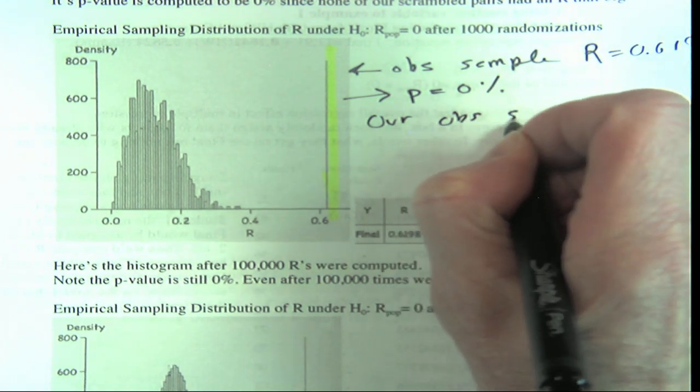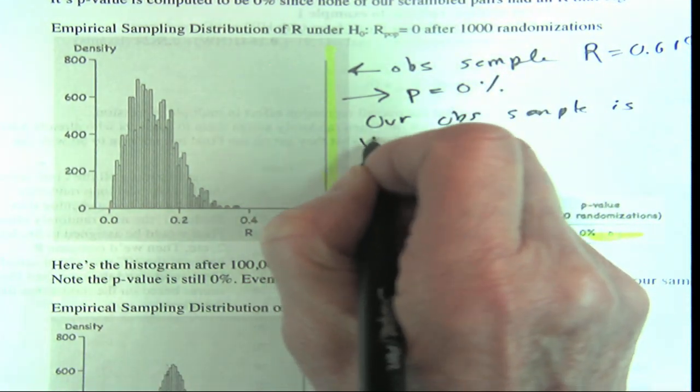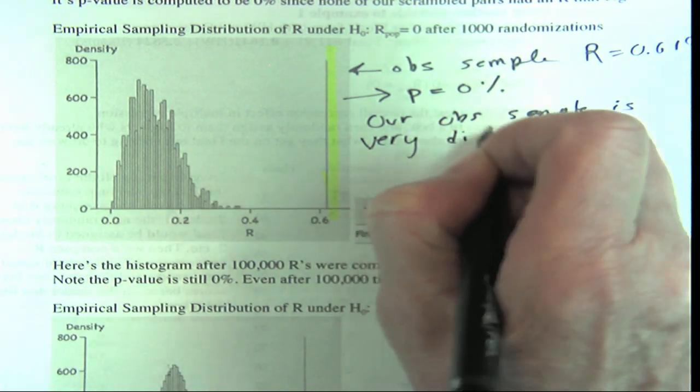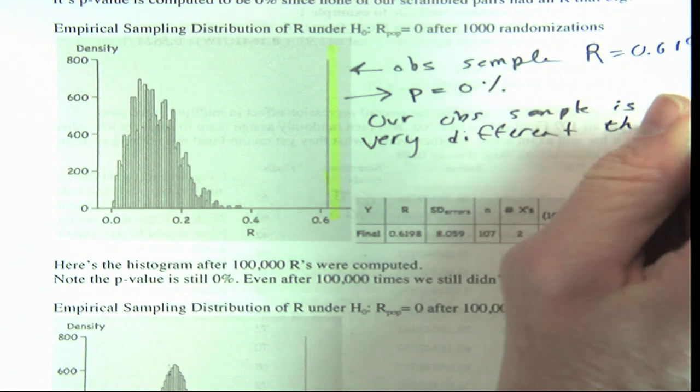Our observed sample is very different than ours we'd get by chance.